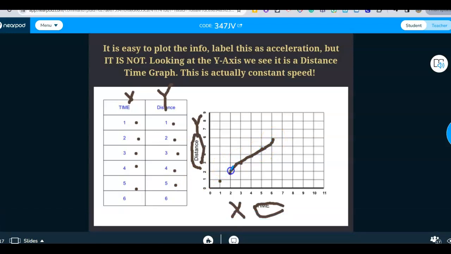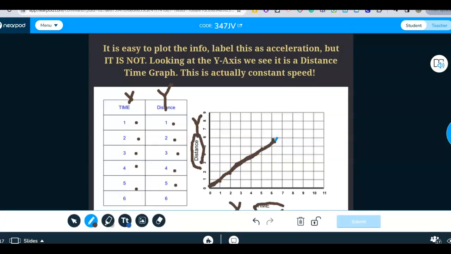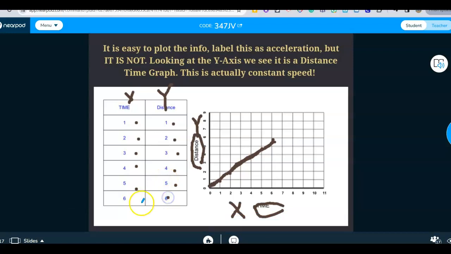I connect those lines. Now, earlier, this meant that the car was getting faster and faster, right? Notice this is not speed. Speed is distance divided by time. Well, 1 divided by 1 is 1. 2 divided by 2 is 1. 3 divided by 3 is 1. 4 divided by 4 is 1. 5 divided by 5 is 1. And 6 divided by 6 is 1.